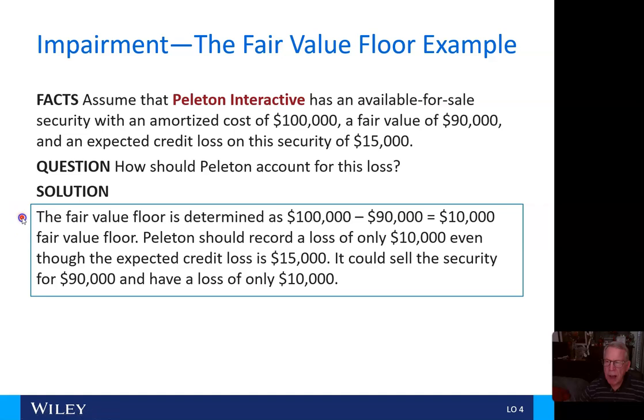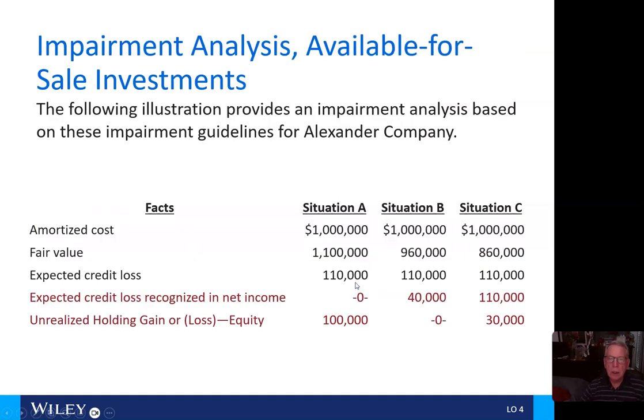First, we'll look at the fair value floor, and that's determined by taking the amortized cost less the fair value, or $10,000. Peloton should record a loss of only $10,000, even though it expected this credit loss of $15,000. It could sell the security for $90,000 and have a loss of only $10,000. Okay, a little tricky there.